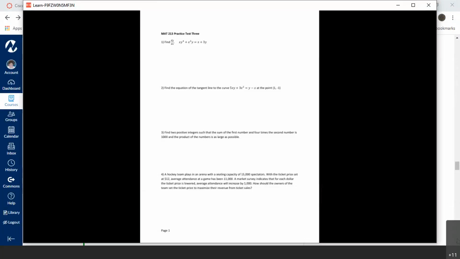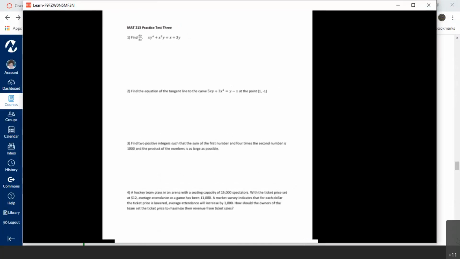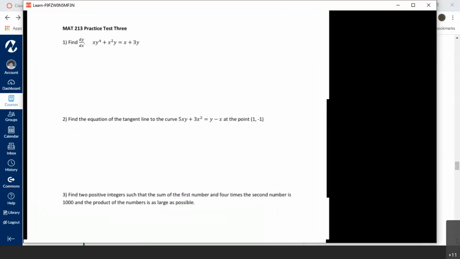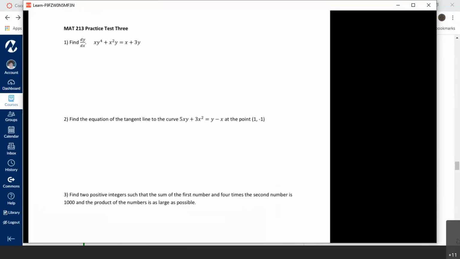Everybody should be seeing a file called Practice Test 3. These practice tests have similar questions to the ones on the exam. Are they identical? No, because the point of the exam is to understand the type of question and how to solve that type of question.